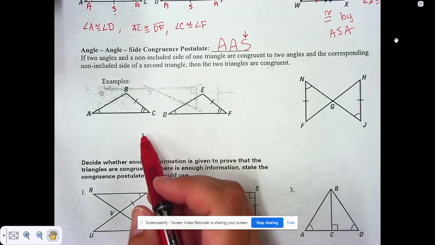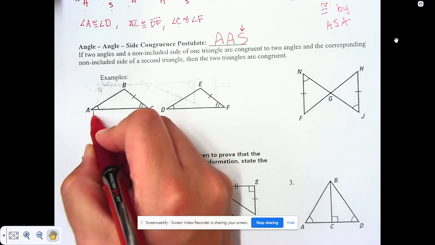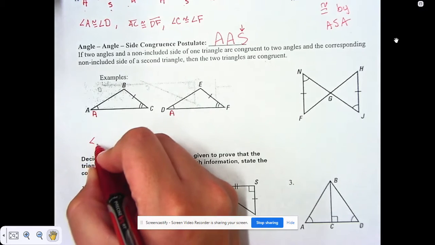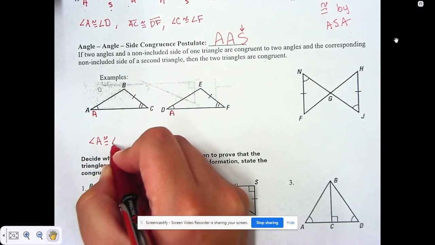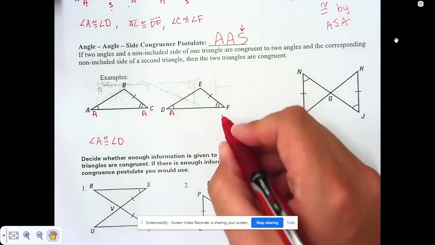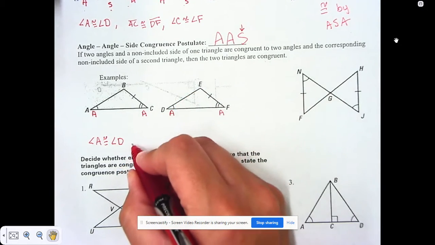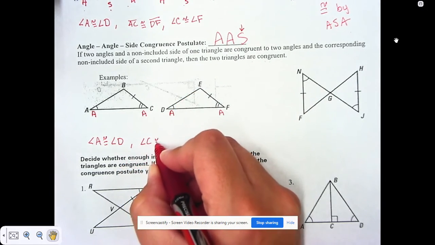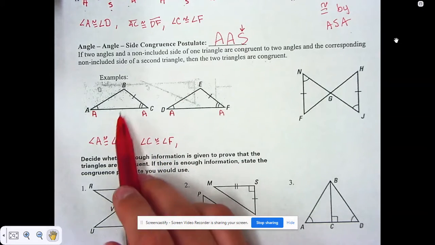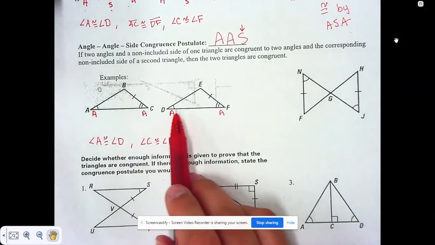In the first example, we have that angle A is congruent to angle D. We have that angle C is congruent to angle F. And notice this time we're not looking at the side in between them.